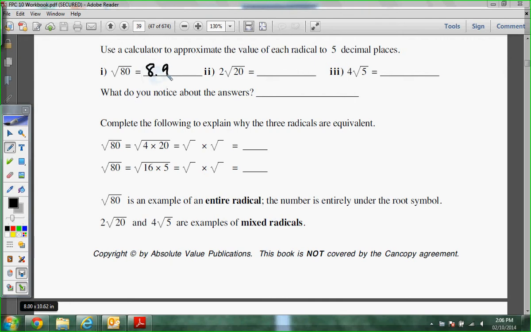Or it says 5, sorry. 4, 4, 2, 7. So what do you notice? They're all the same. All of those radicals are the same in terms of their value. We're going to talk about right here at the bottom why they're the same.